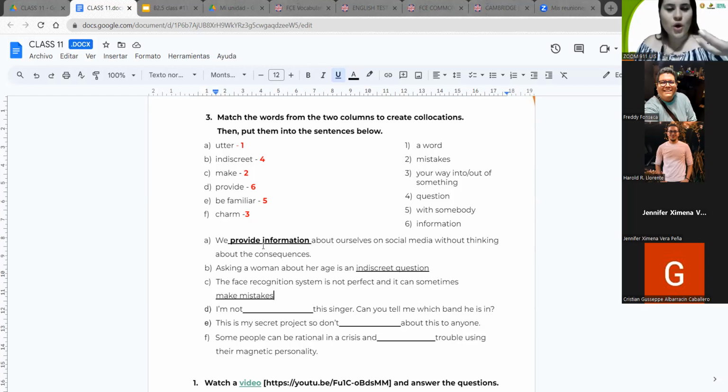It's super crazy because my little sister's phone recognizes my older sister as if she was my little sister. Of course it's not her, but the face ID recognizes her as the other one. So it's crazy because the face recognition system is not perfect and it can sometimes make mistakes.